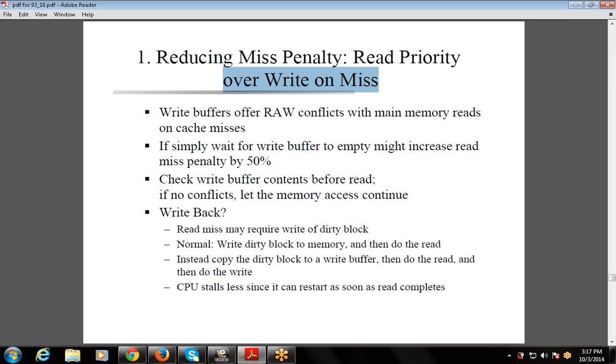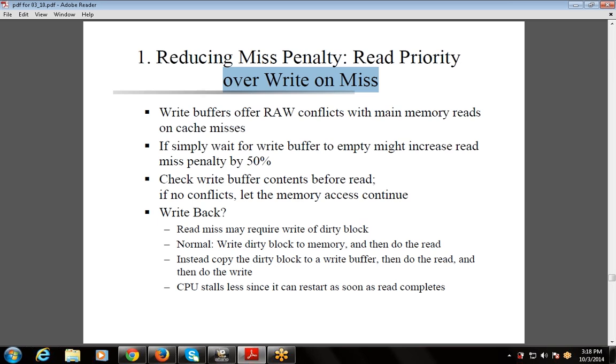Then check the write buffer contents before the read. If there is no conflict, let the memory access continue. So these are a few methods that are used.